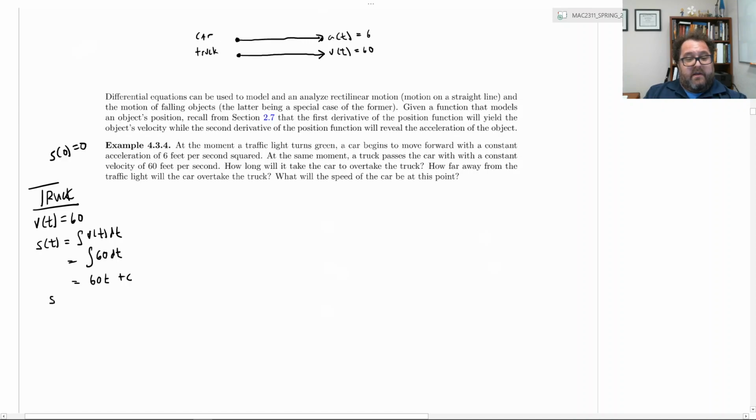So S of 0 equals 0 implies that 60 times 0 plus C has to equal 0, which only has the solution C equals 0. So the final position function of the truck is simply S of t equals 60t.